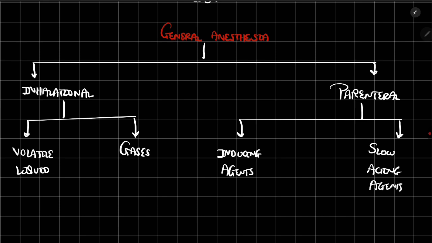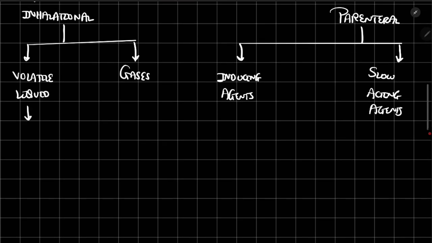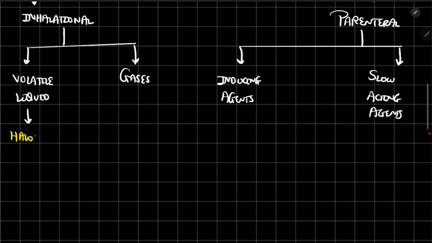Now I will write some examples for this. Volatile liquids include halothane, isoflurane, desflurane, and many more examples.